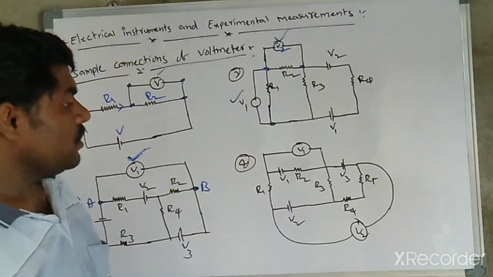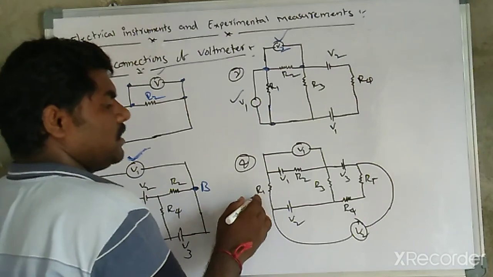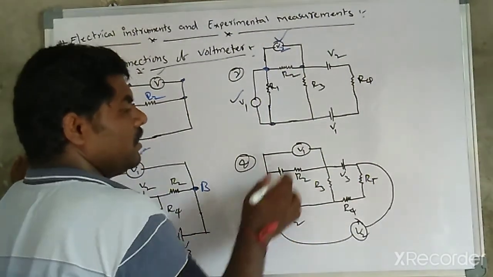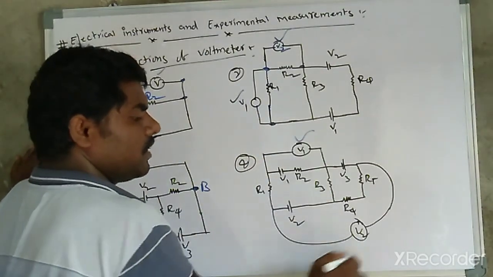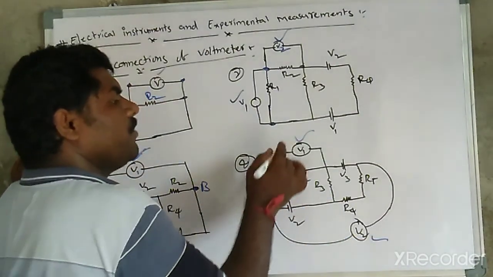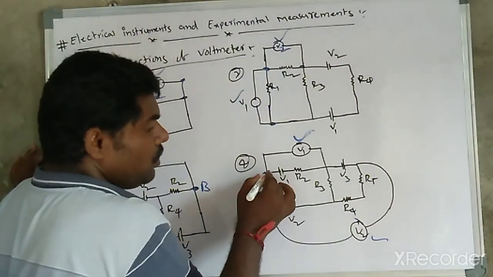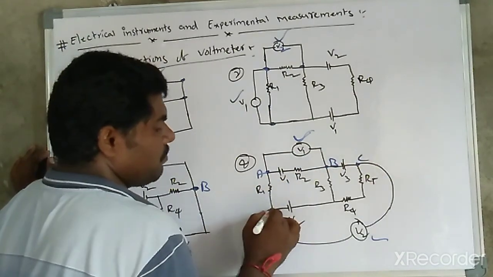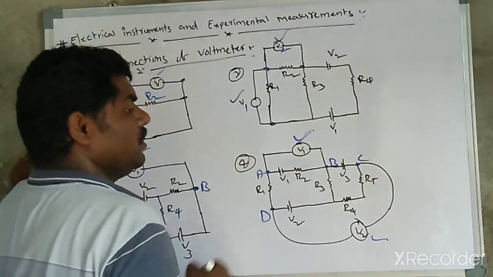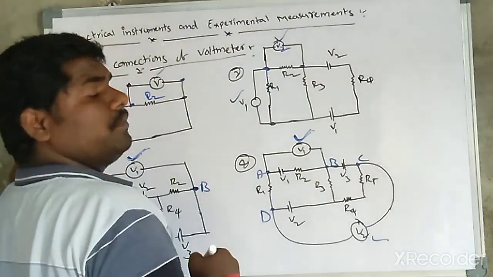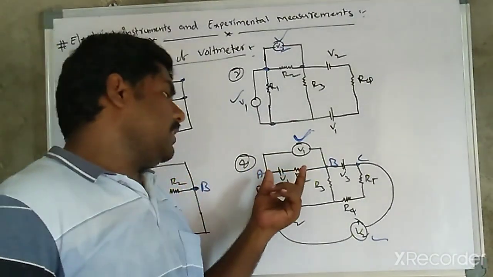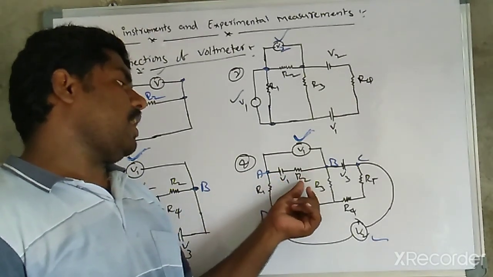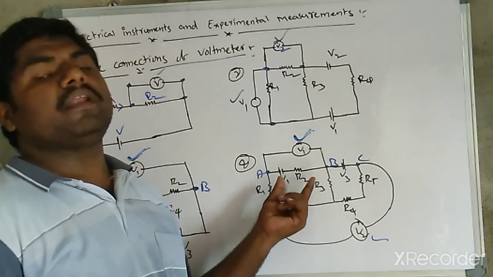Similarly, the next case. Here there are resistors R1, R2, R3, R4, R5, batteries V1, V2, V3, and two voltmeter readings. Let us count these points as A, B, C, and D. If you want the first voltmeter reading, you find the potential across A and B; for the V1 battery and R2 you may apply the KVL or KCL rule.